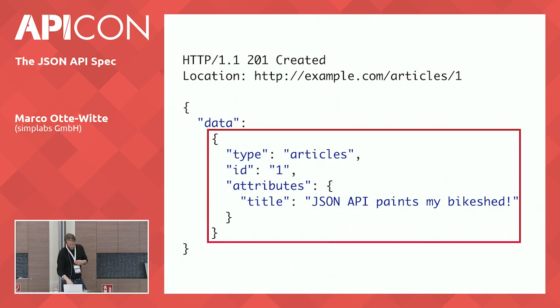And the response is again a standard resource object with the ID filled in by the server. And that is really the same response body you would get when making a GET request to that location endpoint, of course. It's just the normal single resource response for that resource.